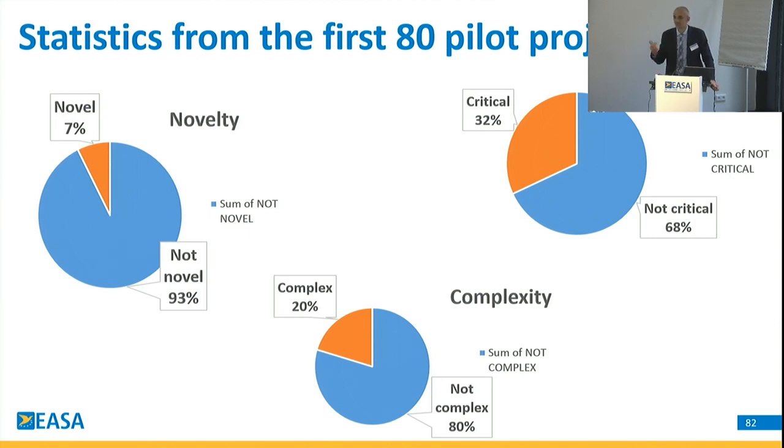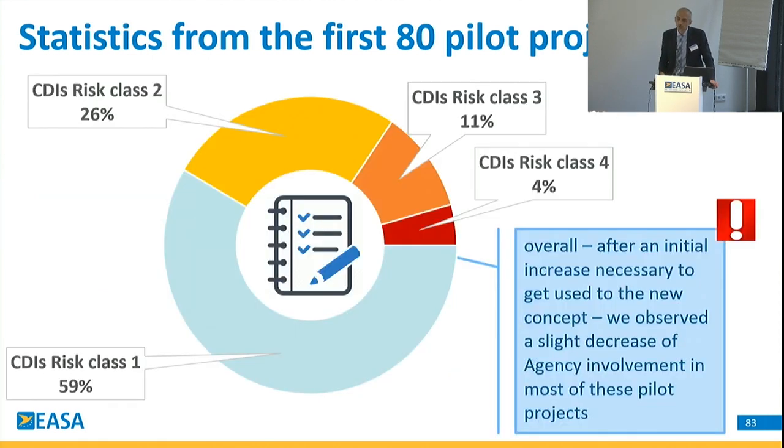Okay, these numbers can give you just a feeling. Of course, if you have a project tomorrow, you can end up with different statistics, but it's quite representative of what we have done. And as a result, we had 59% of the CDIs classified as risk class 1.